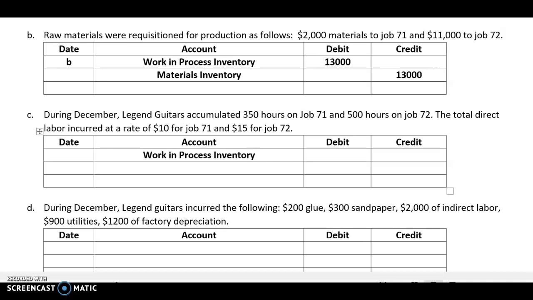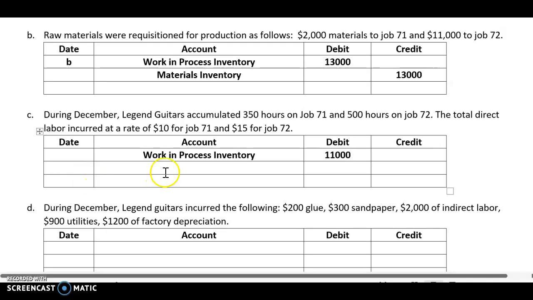I will do work in process for direct labor, and it will be 350 hours times 10, so that's 3,500. And then you would do 500 times 15 for job 72, which would be 7,500. So 7,500 and 3,500 will do 11,000 for work in process inventory.